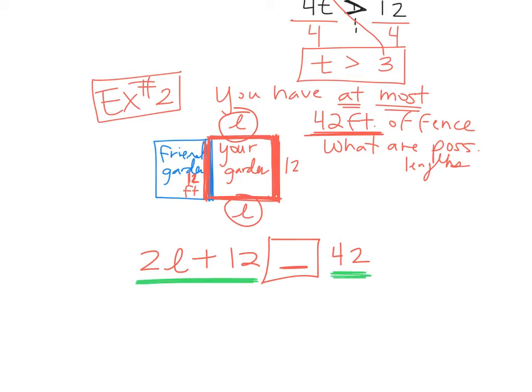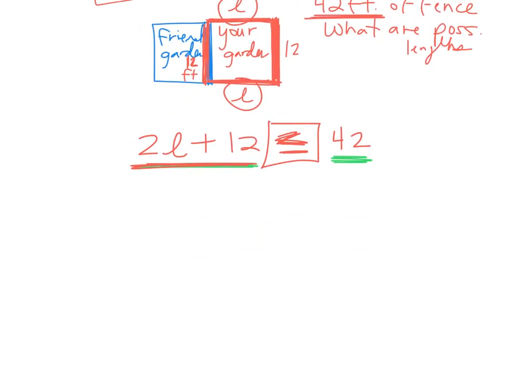If 42 is the most we can use. No, the other way, less than or equal to, right? Because this amount that we actually use can be 42, but it can't be more than 42. So it has to be less than or equal to 42. Okay, so that's our inequality. I'm going to rewrite it now that we're done with scribbling all over. 2L plus 12 is less than or equal to 42.